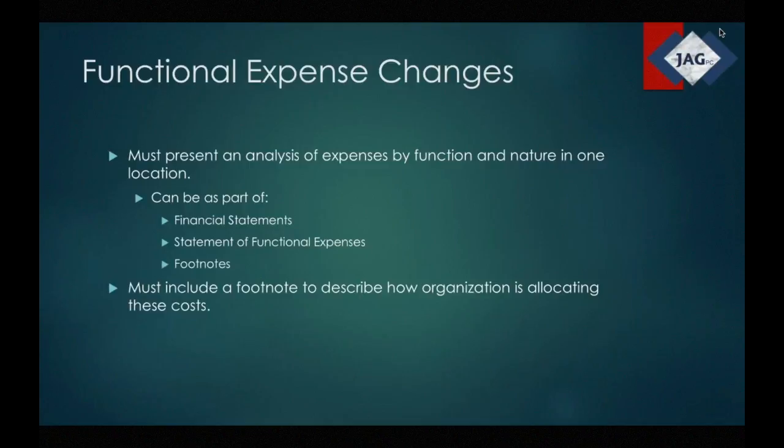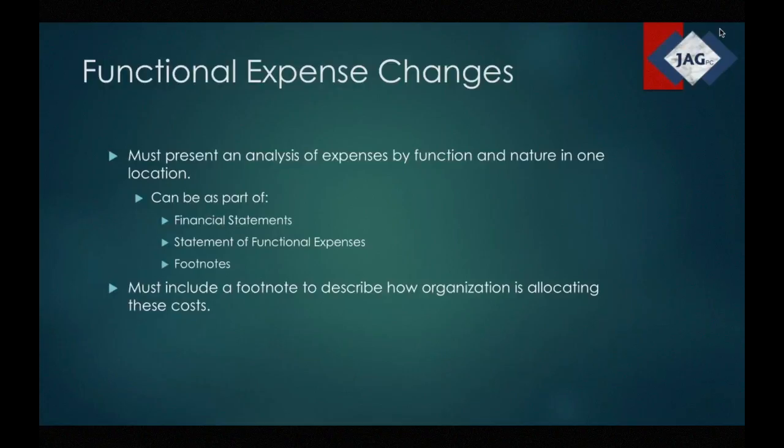The thing that's going to become a requirement, which hopefully you were doing anyway, is that when your auditor comes out, they're going to say, okay, how do you do this? And you're going to need to have it in writing: this is how we go through and do our functional expenses. The footnotes of your financial statements are the policies of your organization, so you're going to need to have in detail how you're actually allocating things.